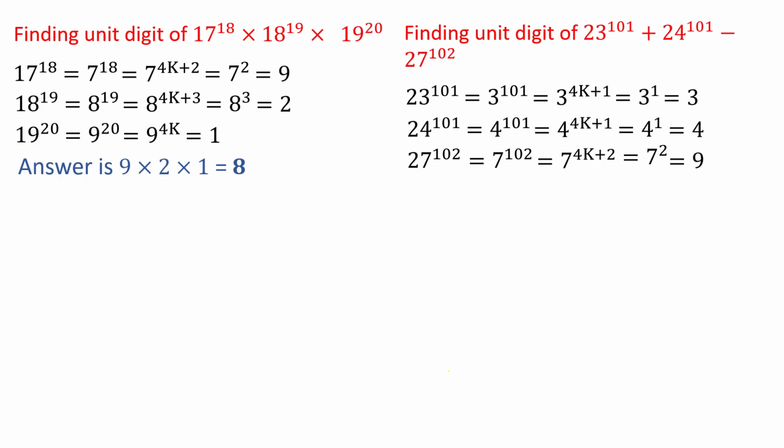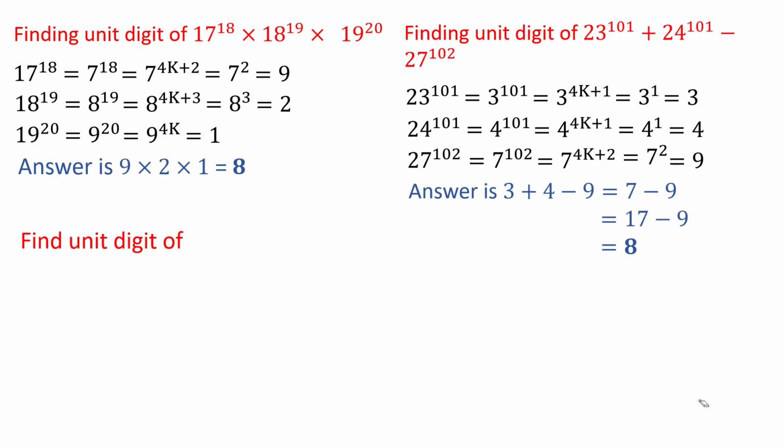All this calculation we are supposed to do orally, but over here I am doing it systematically for your convenience. So our final answer is going to be how much? 3 times 4 minus 9. That is 12 minus 9, that is 3. Sorry: 3 times 4 is 12, so the unit digit is 2, and 2 minus 9. While subtracting we borrow, so that 2 becomes 12 after borrowing. So it becomes 12 minus 9, that is nothing but 3.